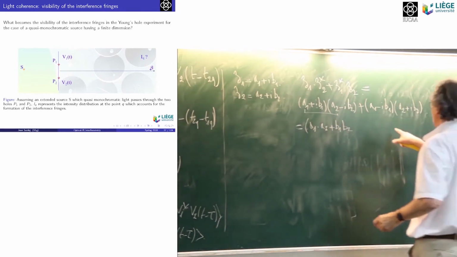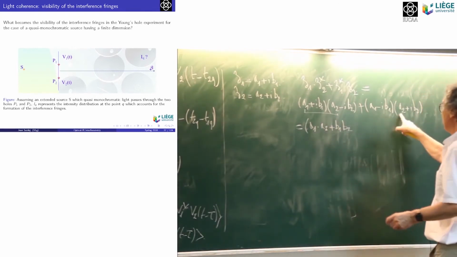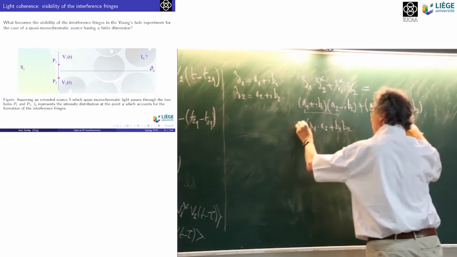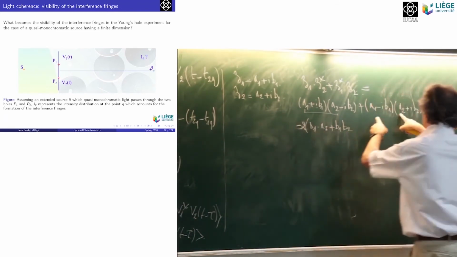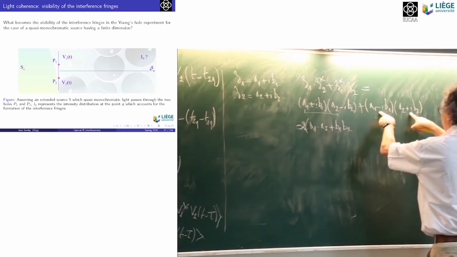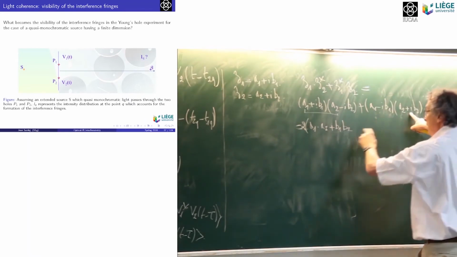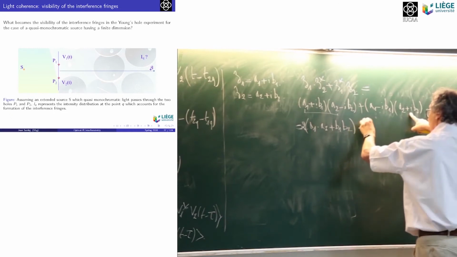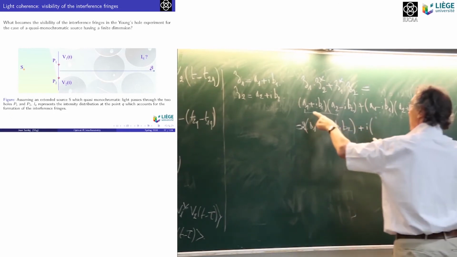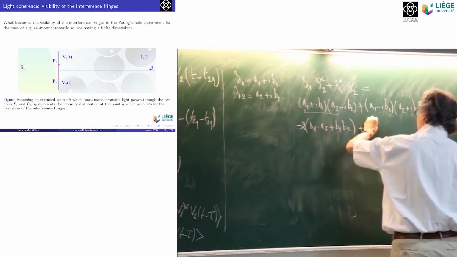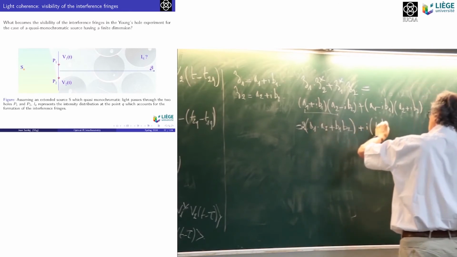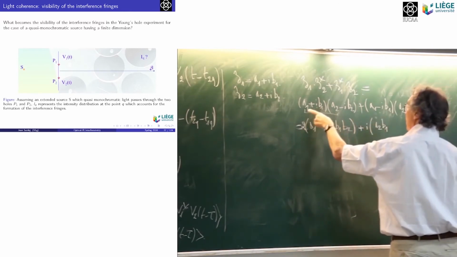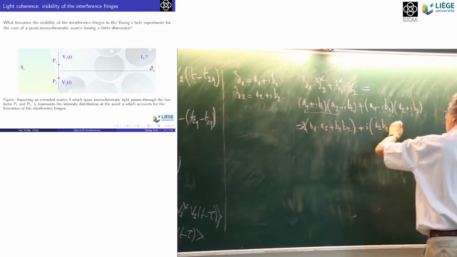Okay. Now I still have A1 A2, so this is twice. And now I will have minus, so plus B2, B1 B2, so it's correct. Plus i multiplied by A2 B1 minus A1 B2.